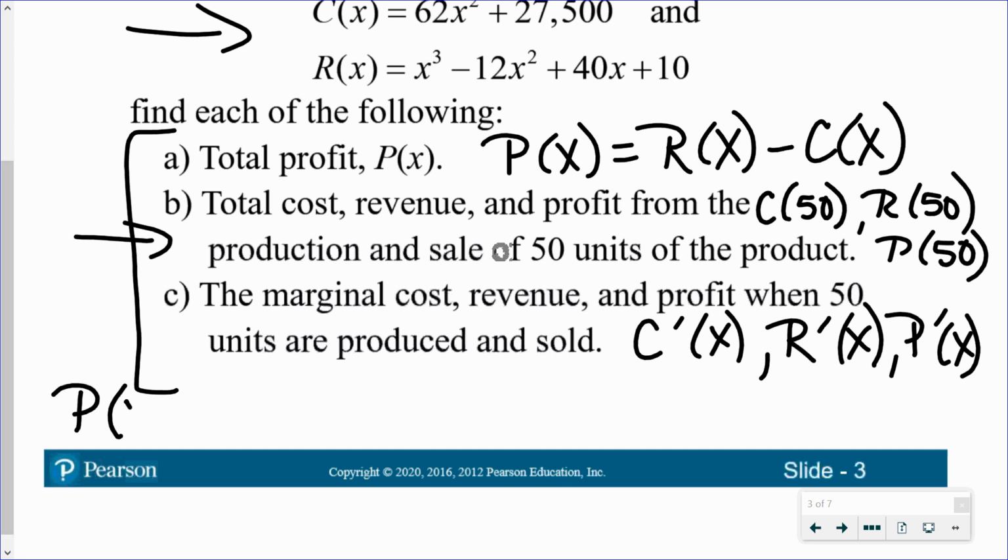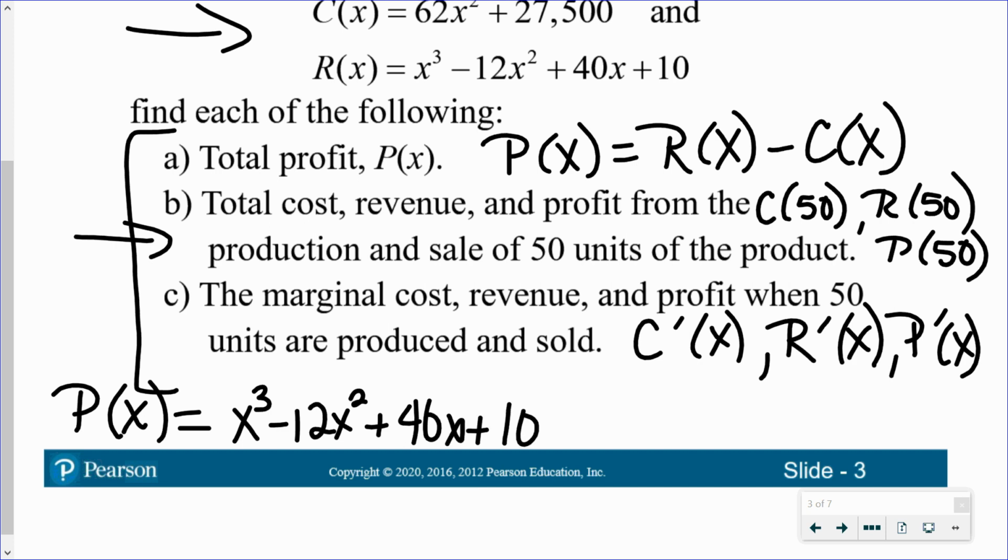So P of X is X cubed minus 12X squared plus 40X plus 10. And from that, we are going to subtract the cost function. I'm going to go ahead and change my signs as I write it down. So minus 62X squared, this started out as plus 27,500, so now it's a minus 27,500.